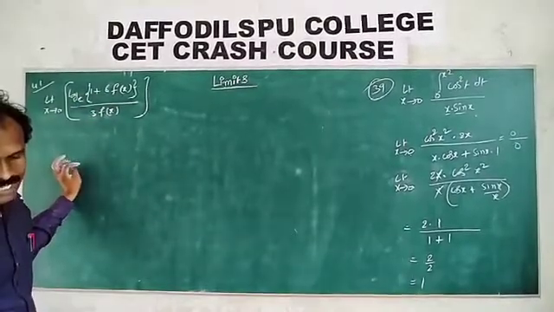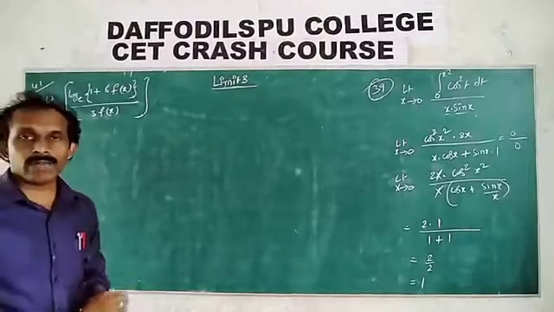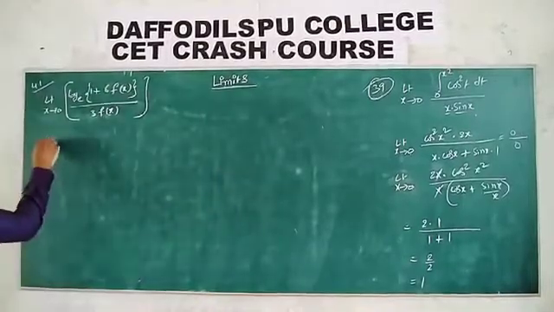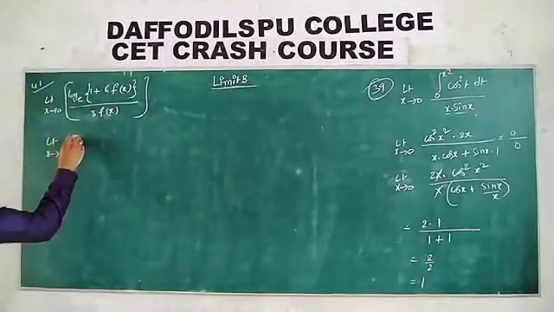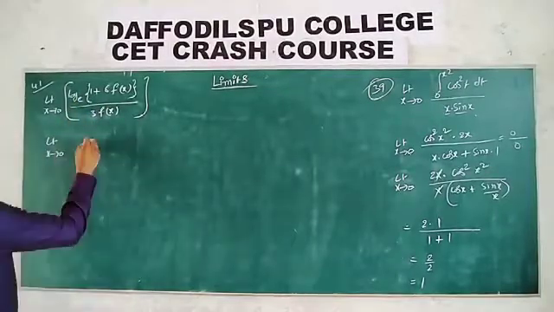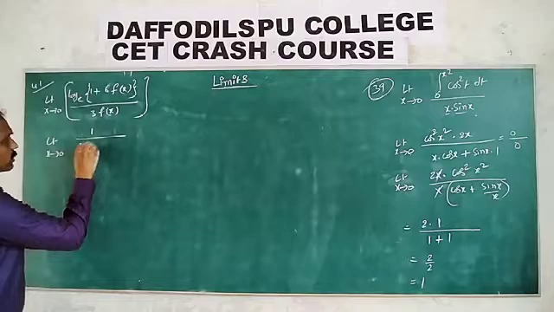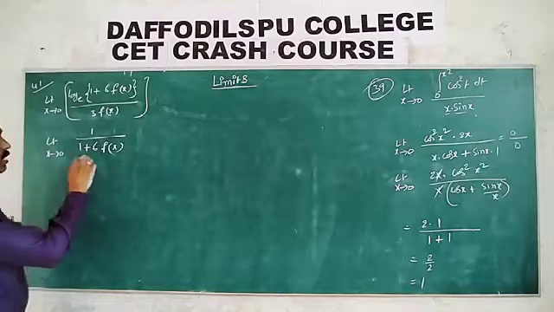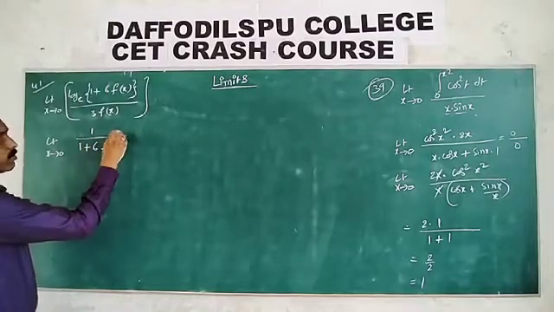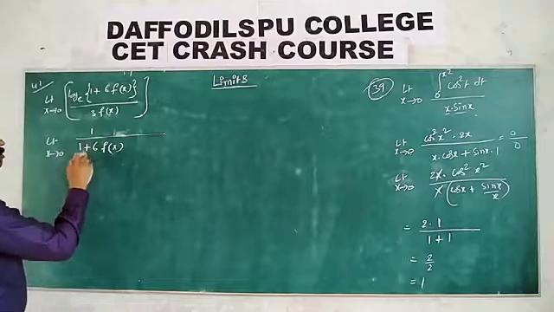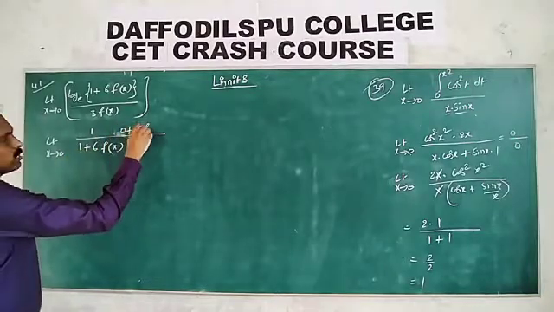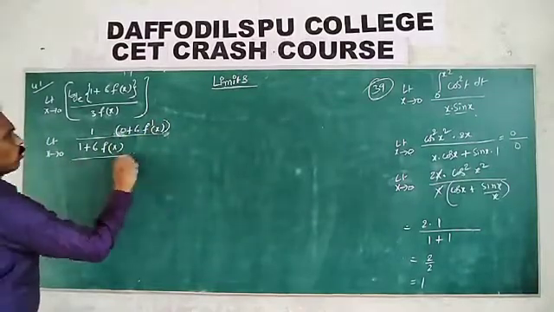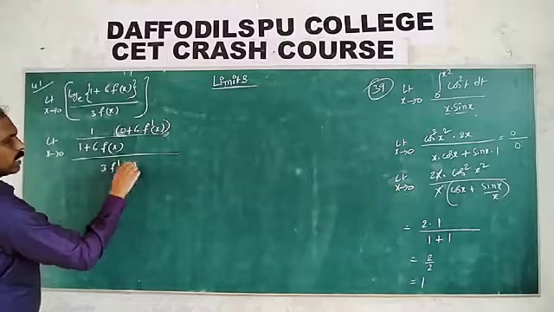The graph has a unique tangent. Tangent means we want the derivative. Using L'Hospital to find that, limit x tends to 0. Derivative of log x is 1 by (1 plus 1 by x), 6 into f of x, and this is the function, derivative into, what is the function? 0 plus 6 into f dash x, 6 into f dash x whole divided by 3 into f dash x.